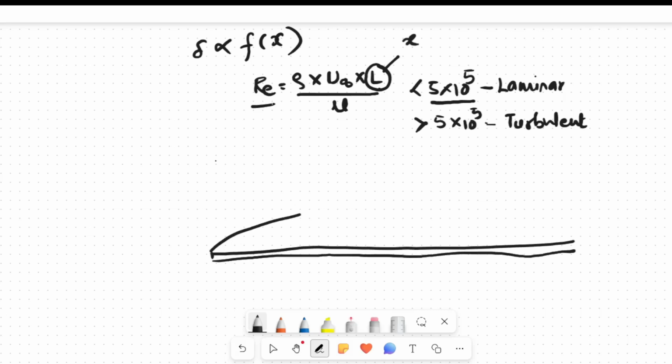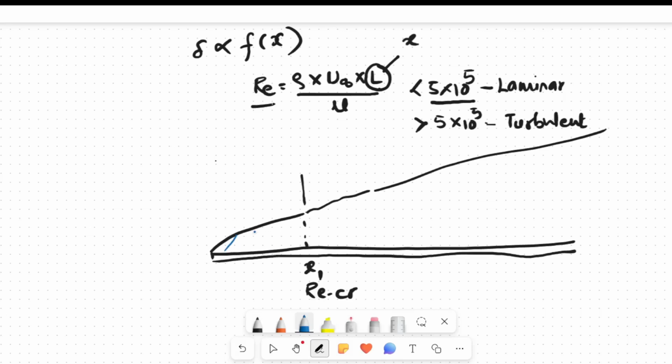So here, suppose at this value of x1, we are getting Reynolds number critical. So till this value, the flow will be the laminar flow.